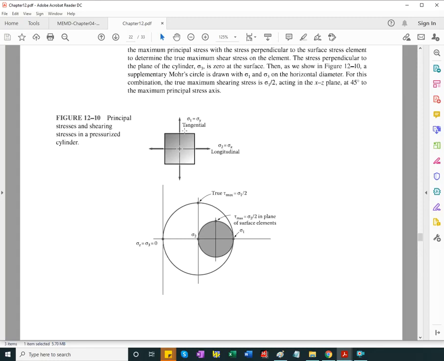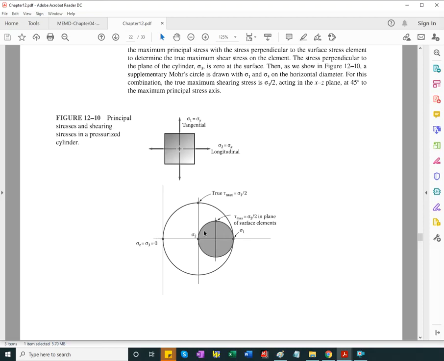Okay. For a pressurized thin wall sphere, imagine sigma 1 and sigma 2 are equal, sigma y and sigma x are equal. They are also principal stresses. So there will be just one point, the Mohr circle, and the 3D circle is the one that goes through 0. You can refine the analysis and look at what happens to the inside, and this will be shifted in the negative realm.